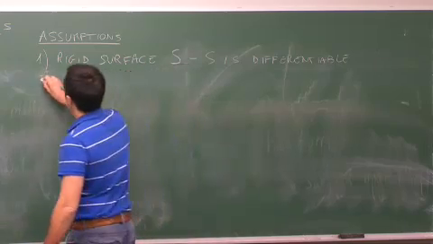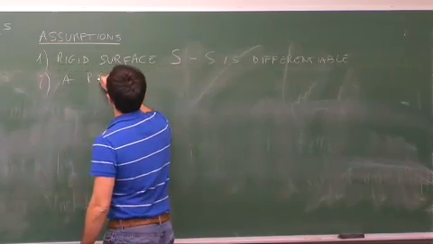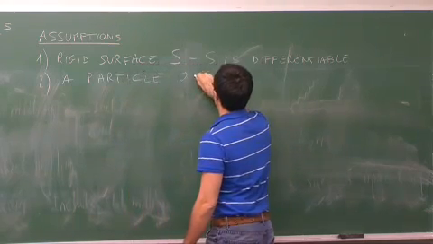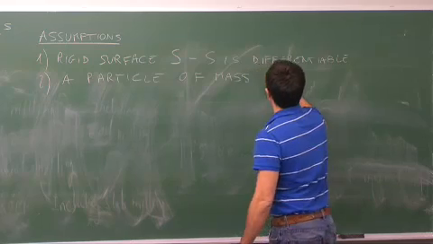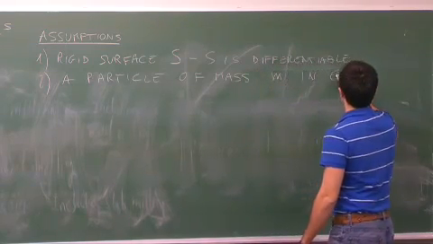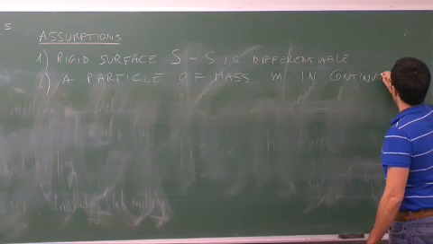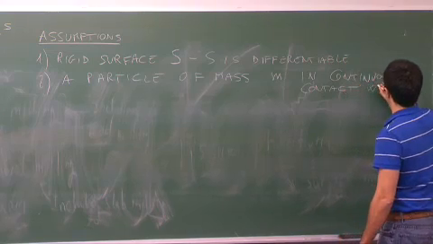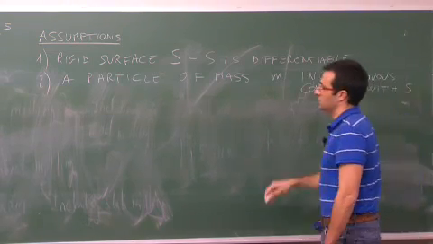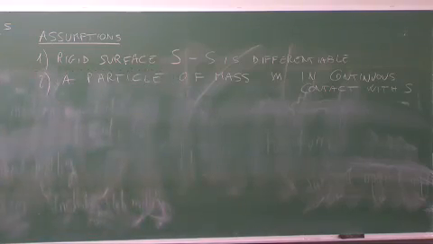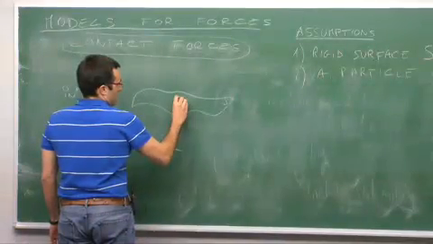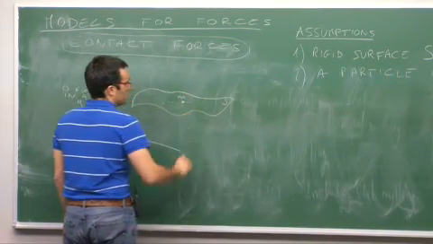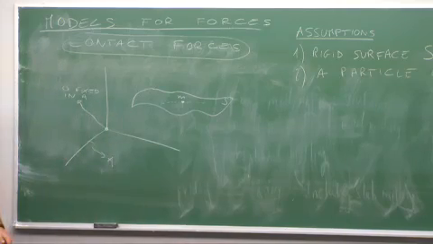So we have a particle of mass m, which is in continuous contact with S. Otherwise, what we're going to say doesn't make any sense. So there is a particle m here, which can move on the surface. It's not part of the surface, but it's touching the surface continuously.